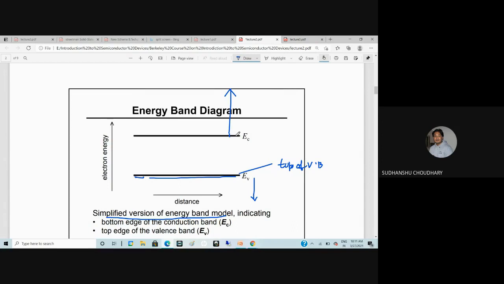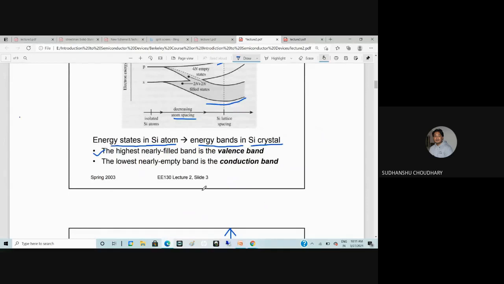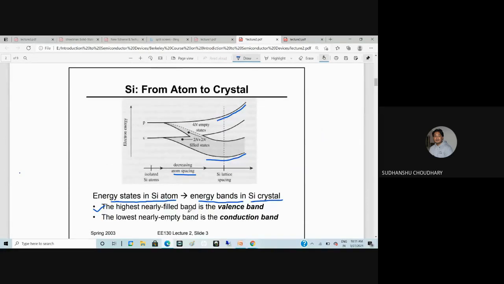This line represents the conduction band's bottom. This is the bottom of my conduction band. So we have the bottom edge of the conduction band and the top edge of the valence band. We have identified these two things. The highest nearly filled band is called the valence band, and the lowest nearly empty band is called the conduction band, right?